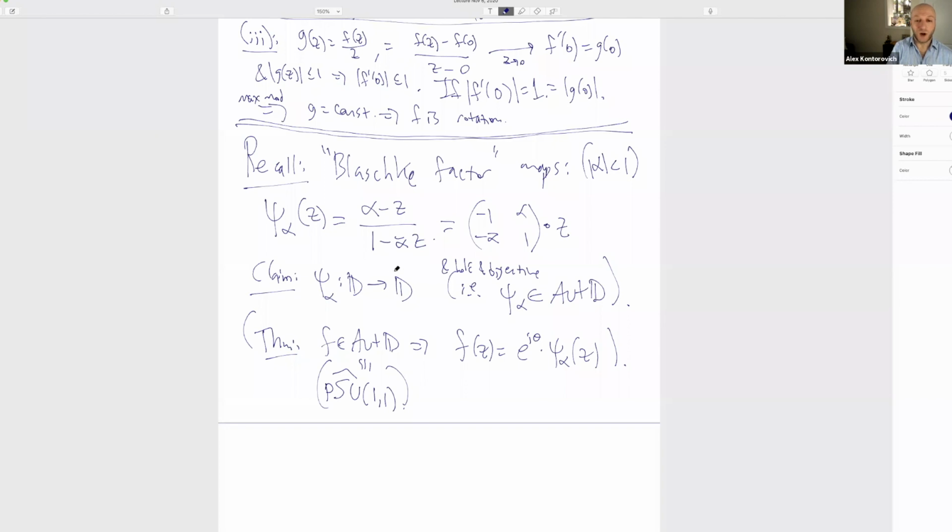Let's see why this psi alpha maps the disk to the disk. First of all, is it holomorphic? Here's my claim. Proof of claim. Is psi alpha holomorphic? Well, where does the denominator vanish?